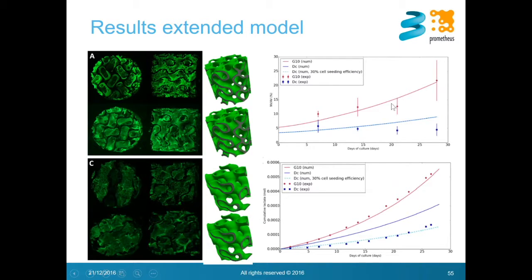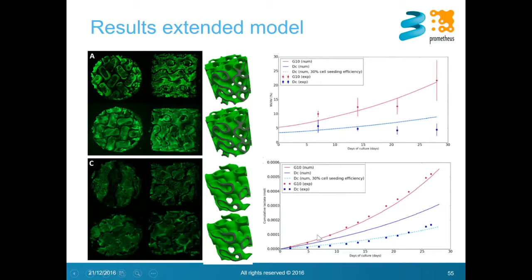And you see the dedicated experiments that were set up and the simulation results, which go in the same direction. So you have a scaffold, a gyroid, that is doing relatively well, and the D-cup geometry, which is performing very poorly, both in the simulations as in the experiments.